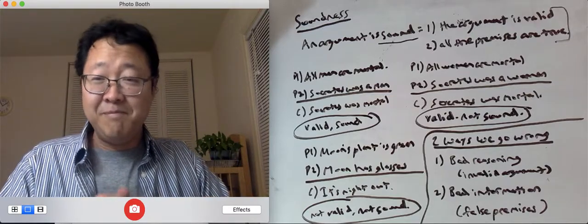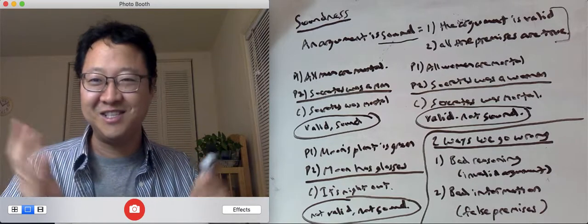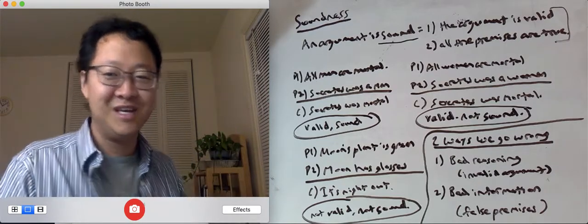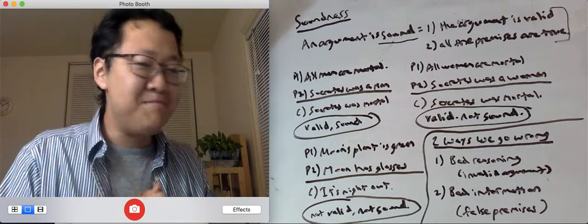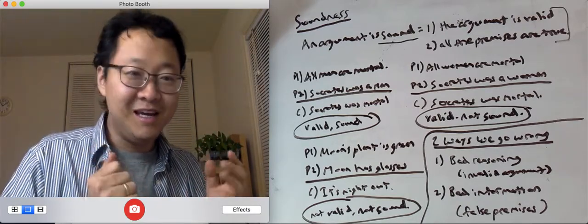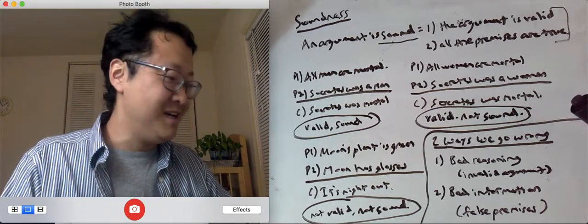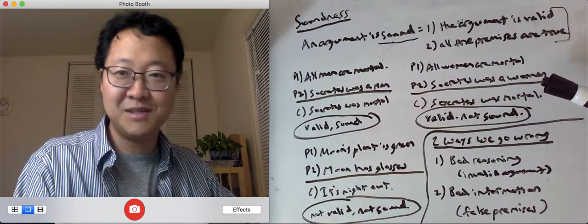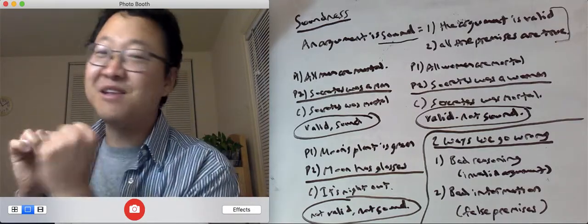So think of a master detective, a Sherlock Holmes. You ever seen that show Sherlock or read the original books? Even the best detective, if they're fed bad information, then they'll go wrong, and they won't have a sound argument. On the other hand, you might have someone who gets all the facts right.